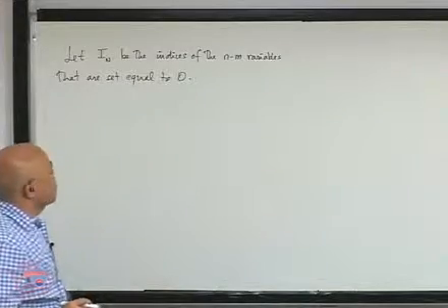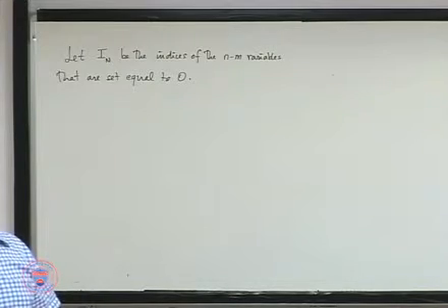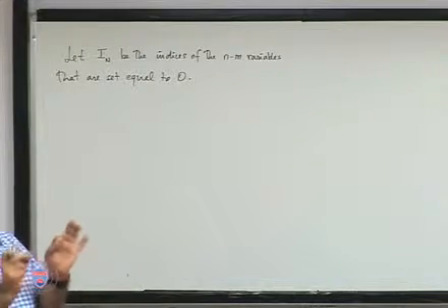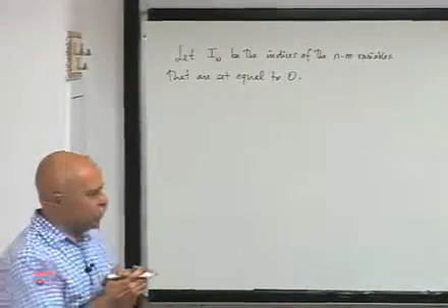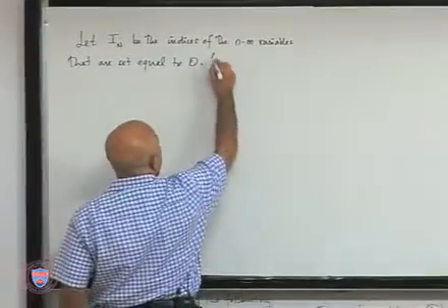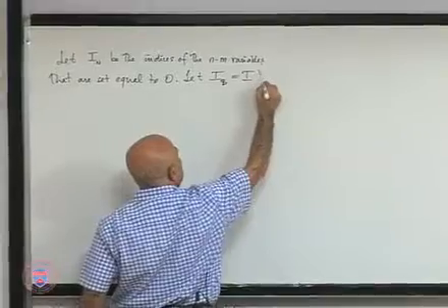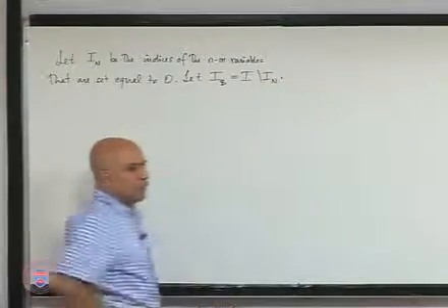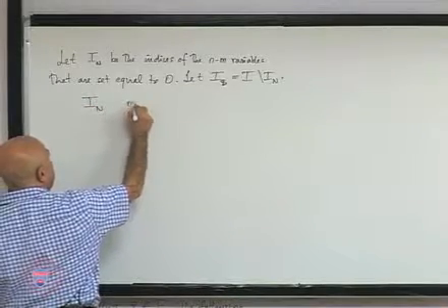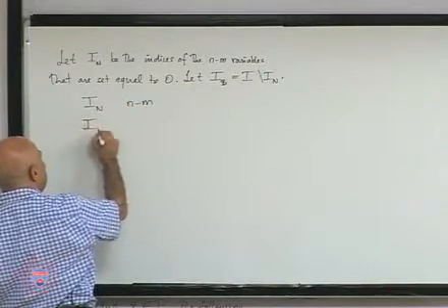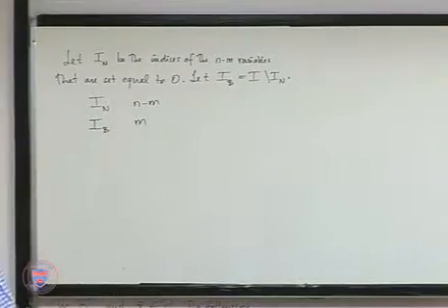So let's define I sub N to be the set of indices of the variables whose non-negativity constraint is taken as active. Okay? Those are the ones that are set equal to 0. Let I sub B be the remaining set of indices. So I sub N has n minus m indices in it. I sub B has m of the remaining indices.